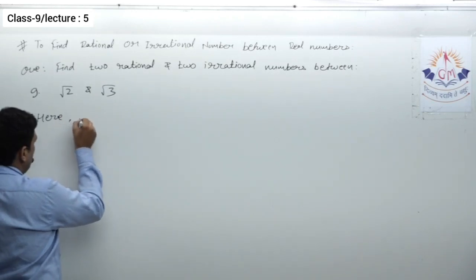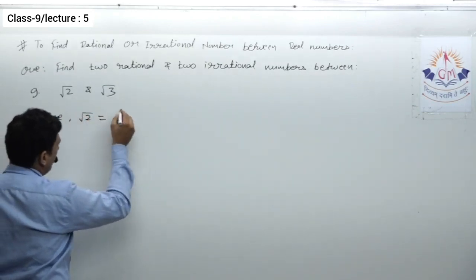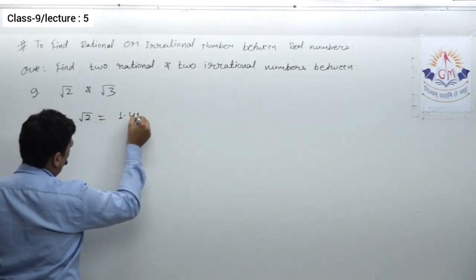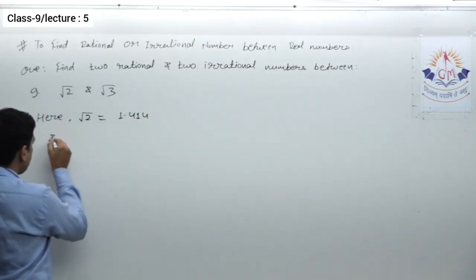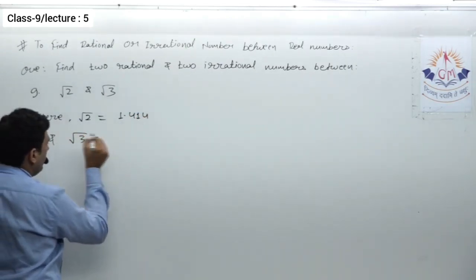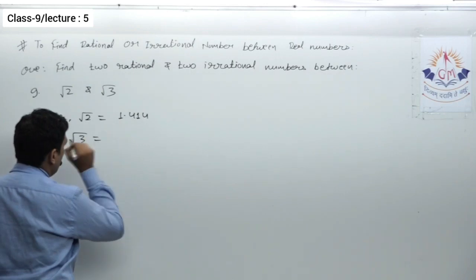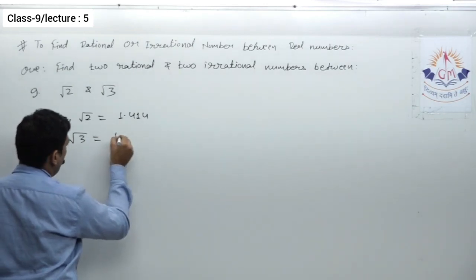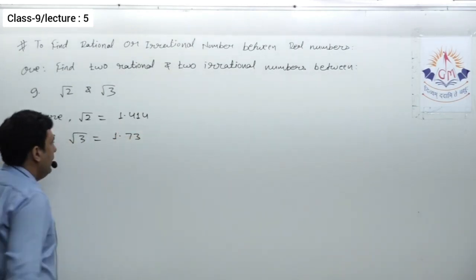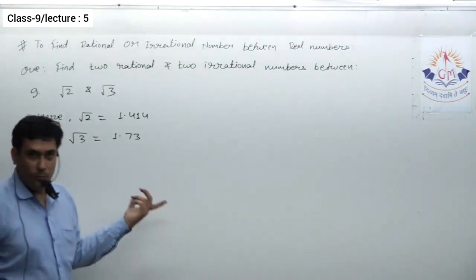So the approximate value of root 2 is 1.414, and the approximate value of root 3 is 1.73. Okay, so these values you must remember.